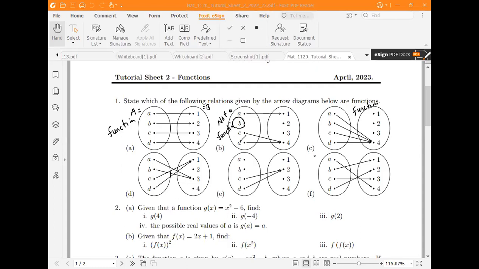So then we'll get a, and then a minus 3, a plus 2 equal to 0. So then we understand that a is 3 or a is -2. And they are all real values.